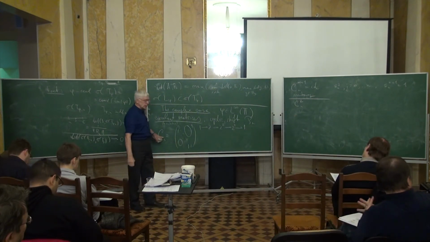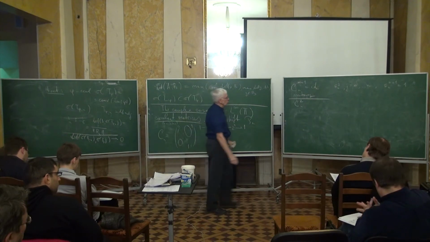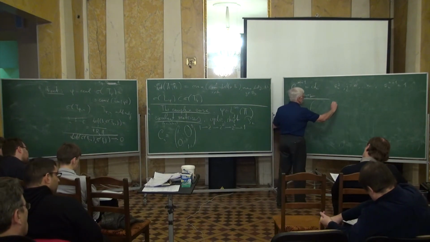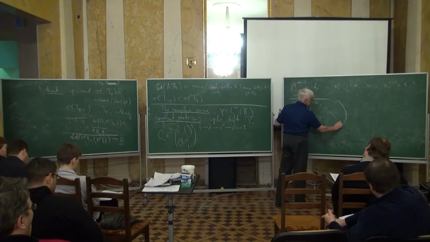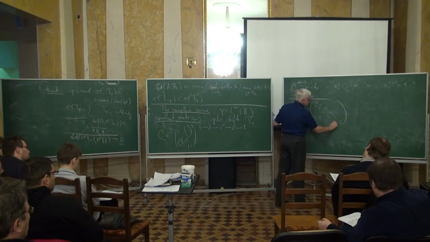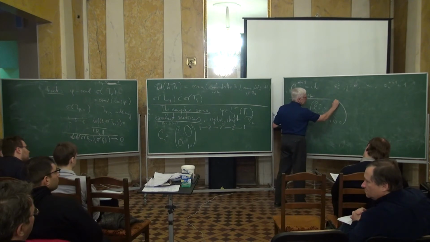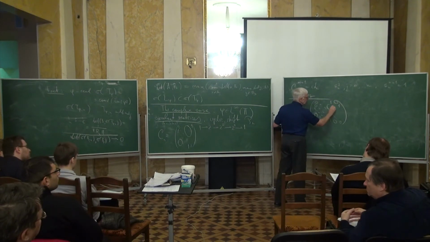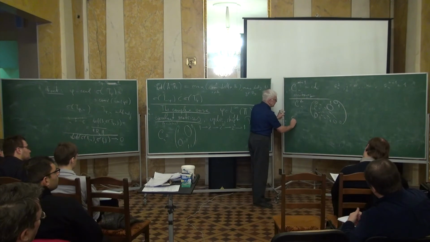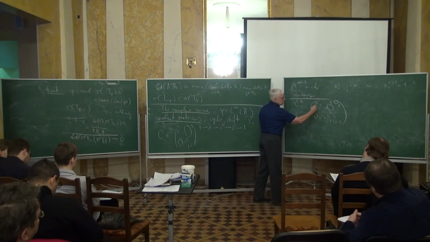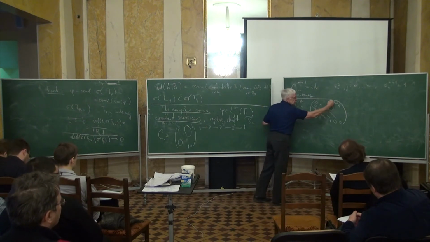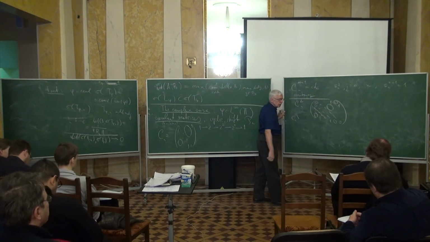So the diagonal will move. It becomes 0 here, but 1 on the next one. And here it became 0, and then 1, 0. If we consider Cn cubed, this diagonal will move down, and this one also will move here.